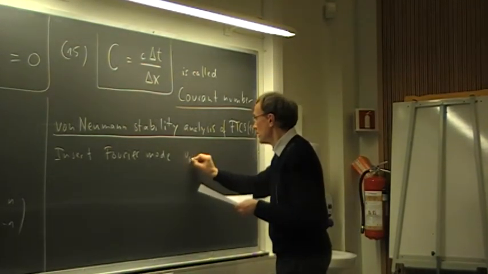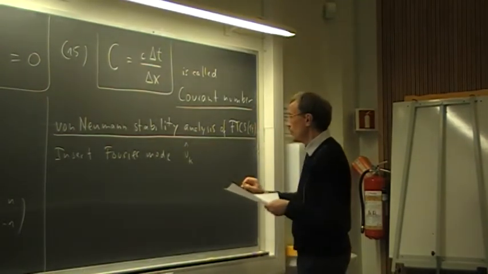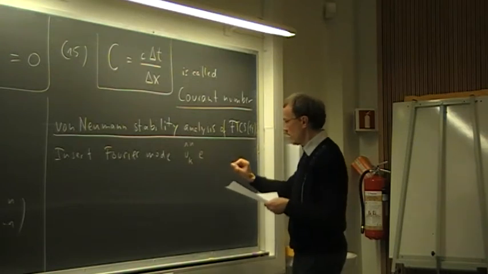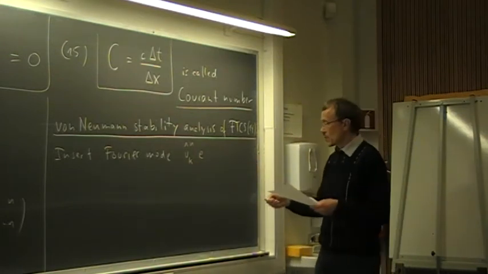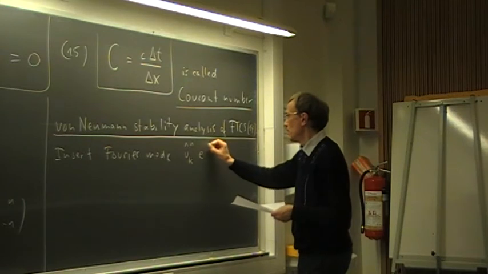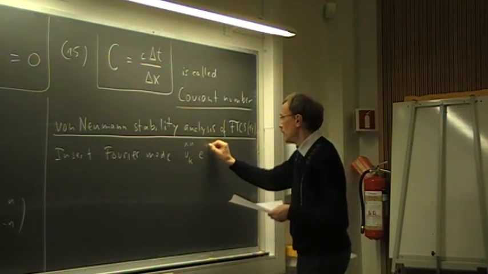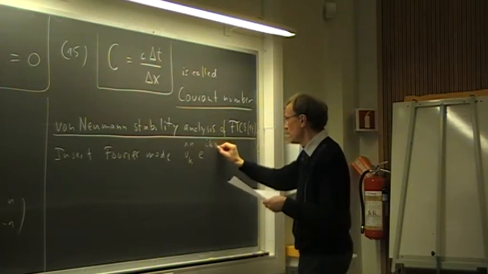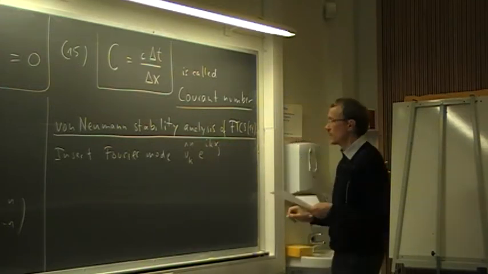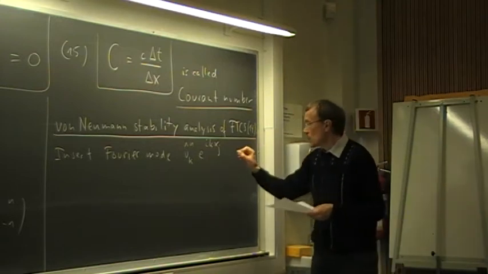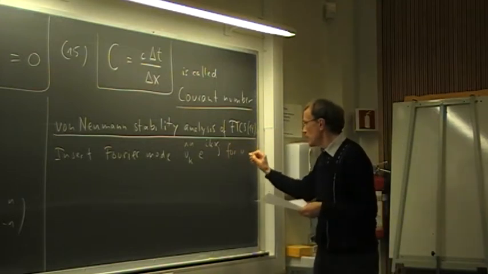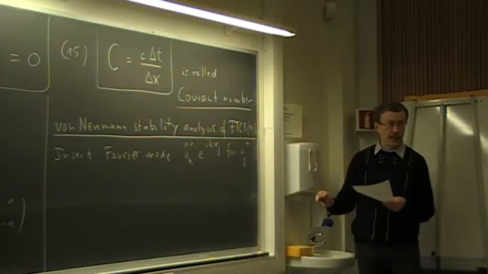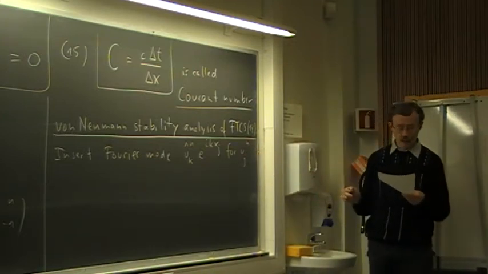That is the amplitude of a wave with a wave number k at the time level n times a trigonometric expression which we express in exponential form, e to the I, imaginary unit, times the wave number k times the grid point xj. We insert this mode for a discrete solution at the grid point xj at the time level tn. It's almost mechanical.